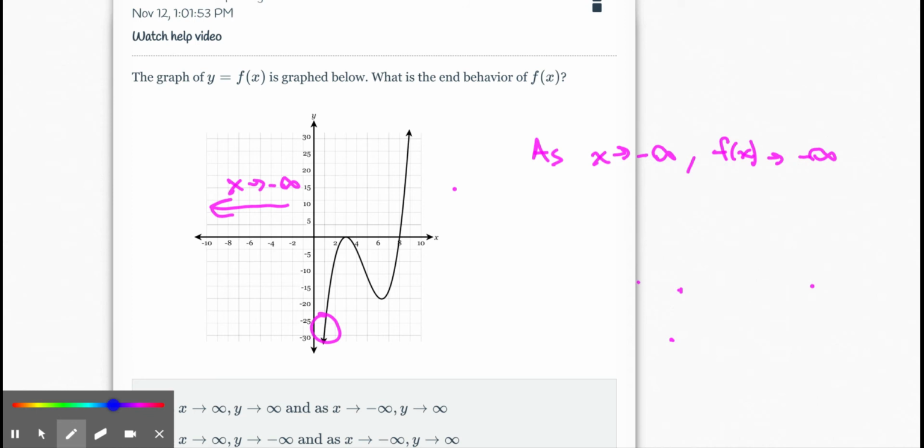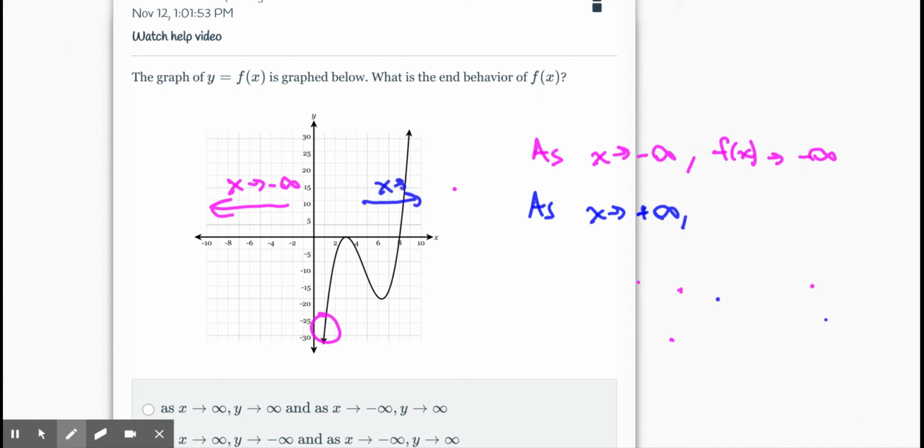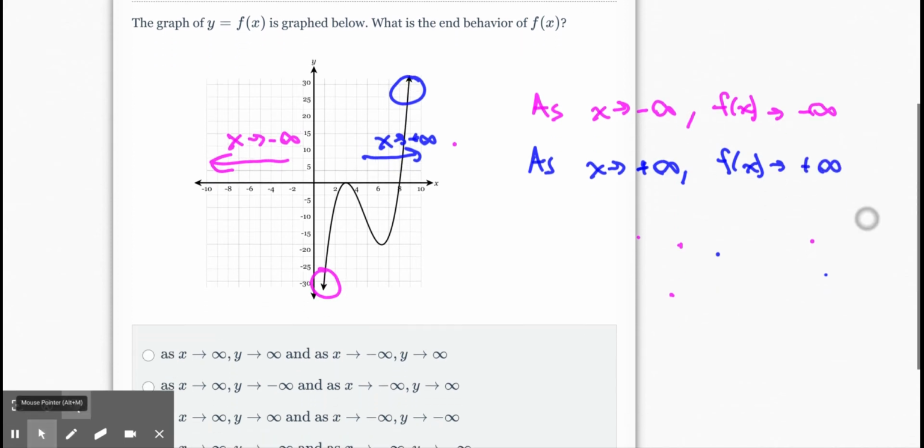And then if we were to look as x goes to positive infinity, so as we're moving this way, the right side of the function, it's going up to positive infinity. So f of x goes to positive infinity. And then we just identify the statement there.